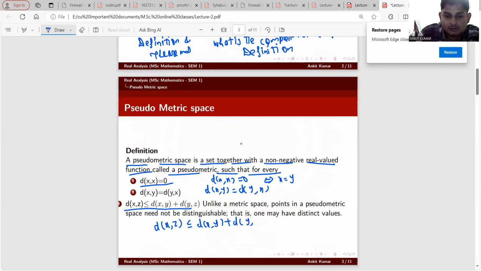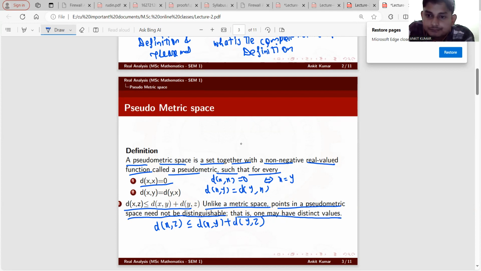Unlike a metric space, points in a pseudo-metric space need not be distinguishable. That is, one may have distinct points with distance zero. Okay.